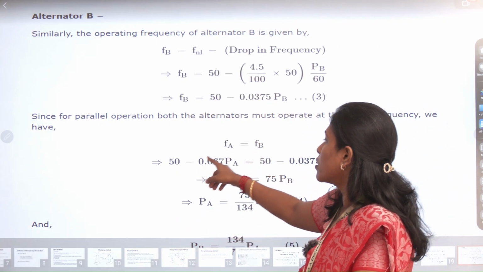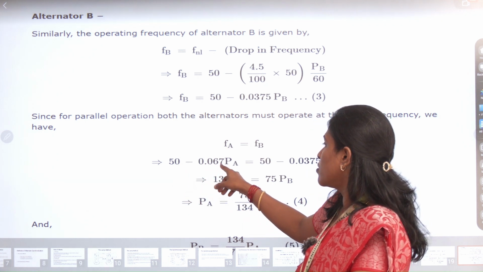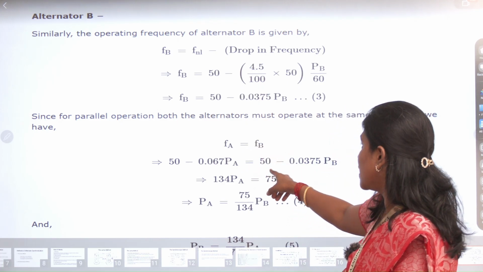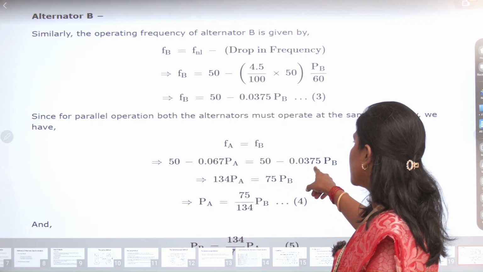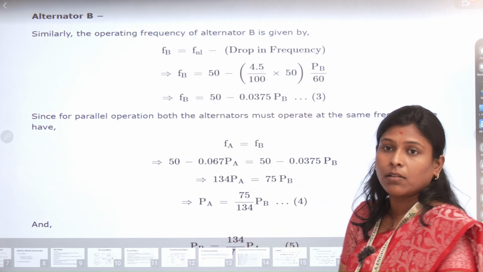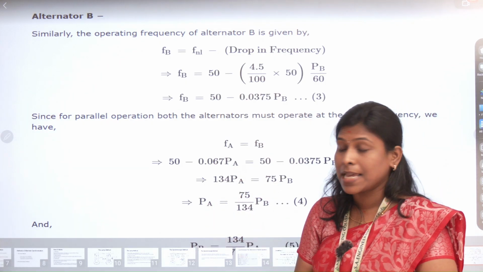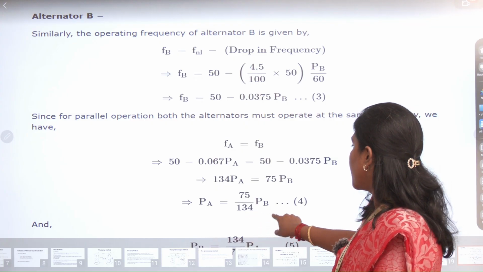So the frequency of alternator A, that is 50 minus 0.067 PA, is equal to FB, that is 50 minus 0.0375 PB. Equating both FA and FB, we get the value of PA, that is 75 divided by 134 PB.